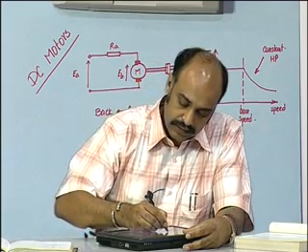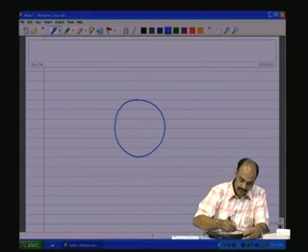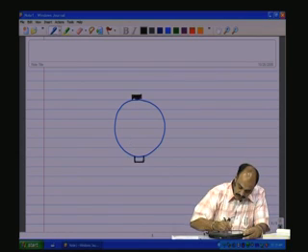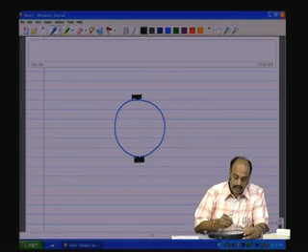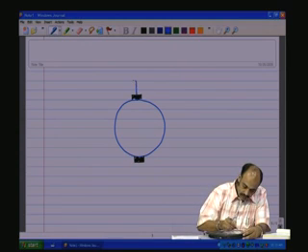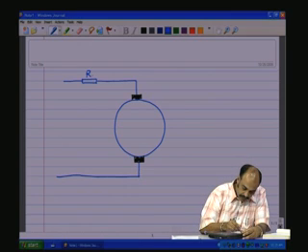First, let us review what we have learned till now about the DC motor. We have the DC motor, which is represented as a circle, and it has two brushes. So, the armature makes contact with the electrical world by means of these two brushes, and the armature winding resistance is represented as an equivalent resistance RA as shown here.